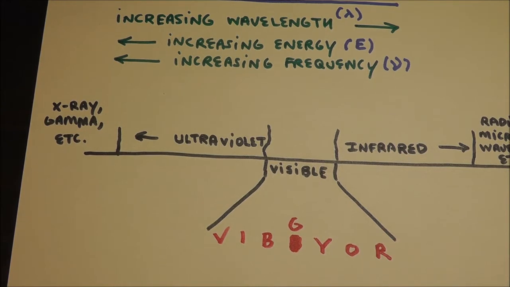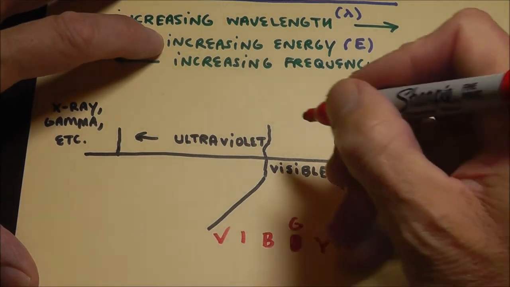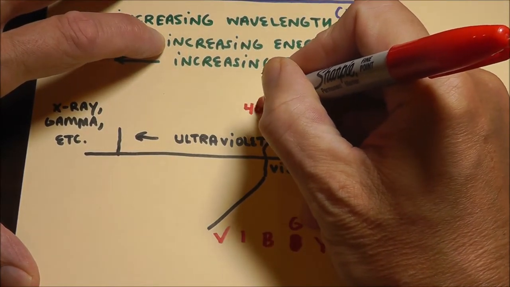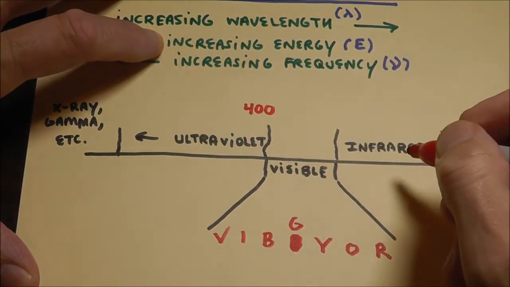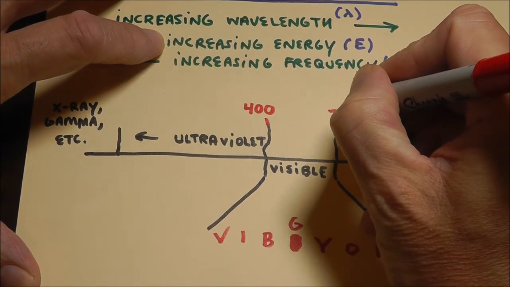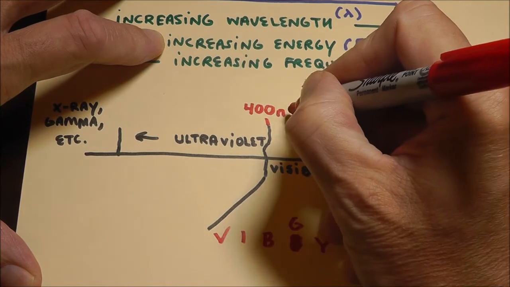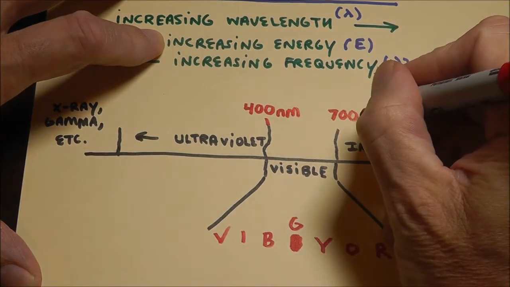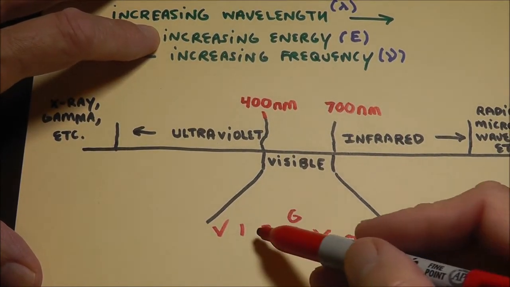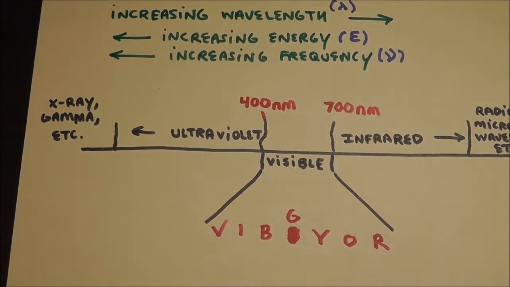And I'm going to give you two kind of even numbers to remember: the wavelength at the lower end, which is higher in energy, and the higher wavelength end of the visible spectrum. It's about 400 to 700 nanometers. If you really want to get into the nitty-gritty of what separates each color, it's about 50 nanometers in between each.